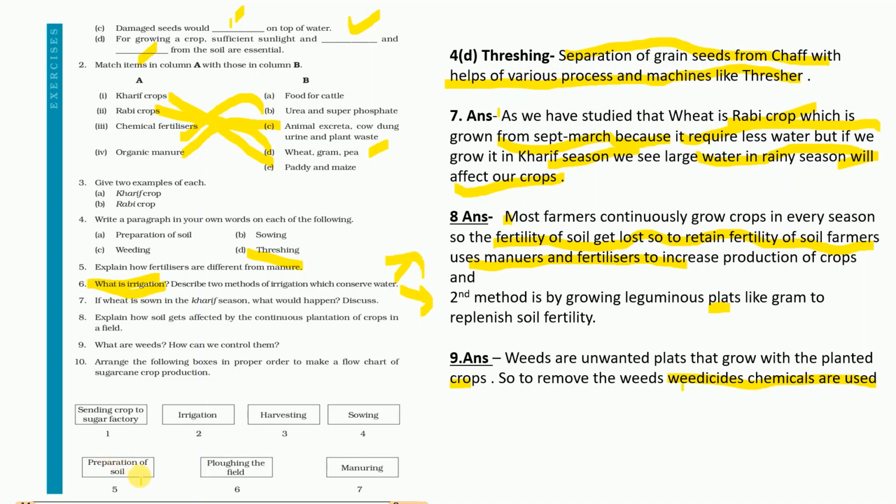First of all, the first process is the preparation of the soil, in which we will do the plowing, and then second is the sowing operation, and then we will do manuring, then irrigation facilities, and then we will harvest the crop, and then we will send the sugarcane to the sugar factory with the help of tractors and other equipment which the farmers have. So this is the first chapter.